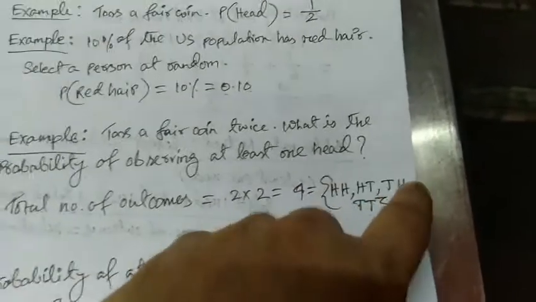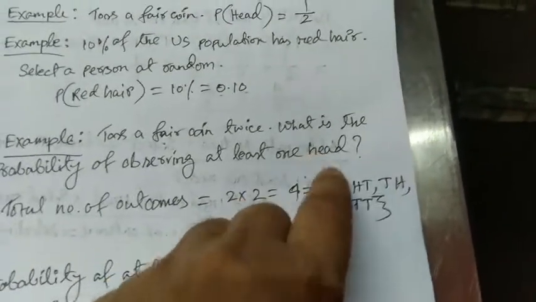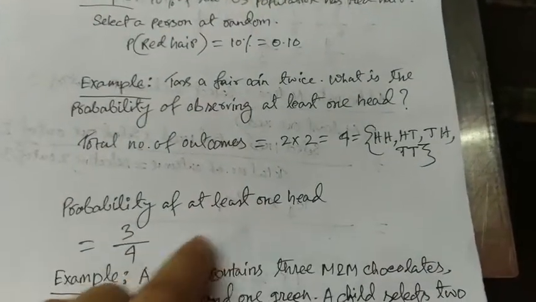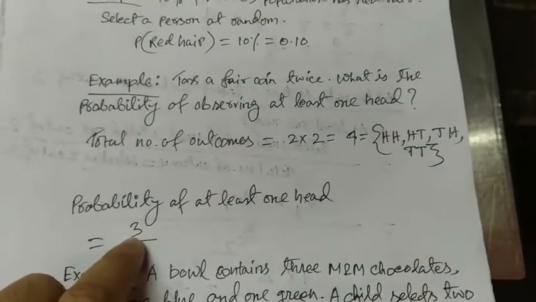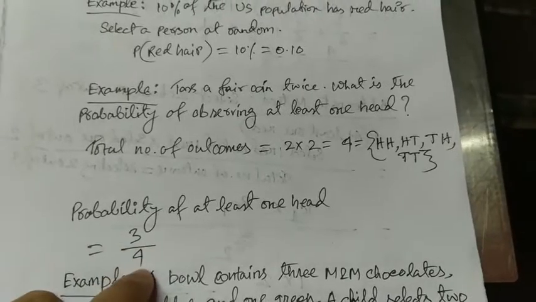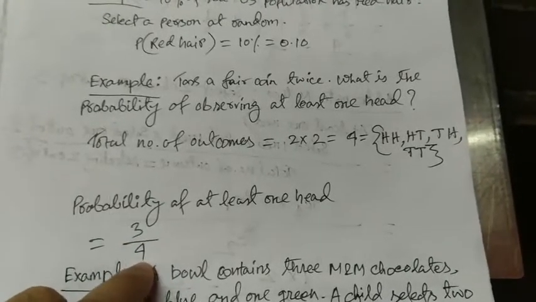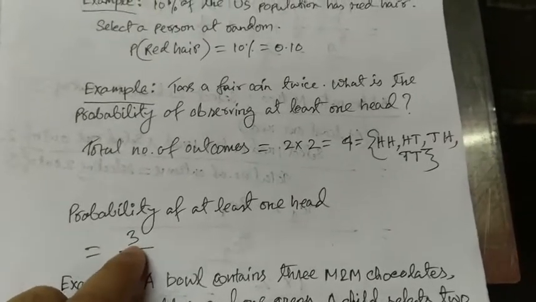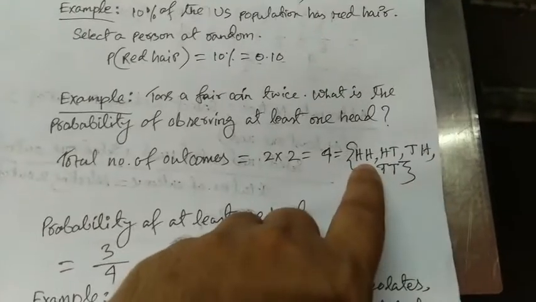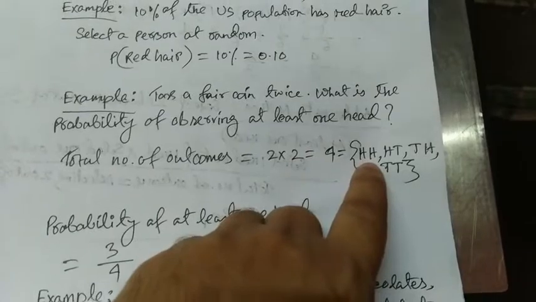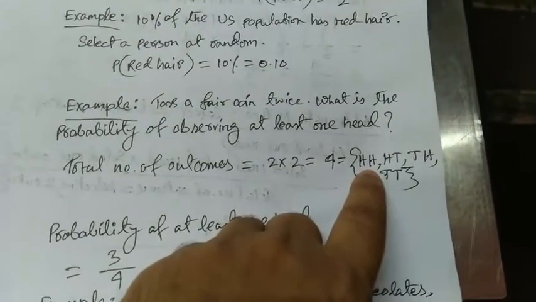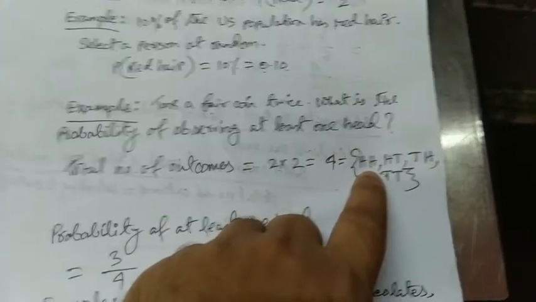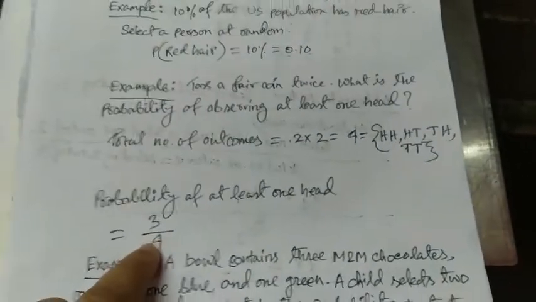So the probability of at least one head: we have 3 outcomes, and the total number of outcomes is 4. Out of the total 4 outcomes, 3 have at least one head. So the probability is 3 by 4.